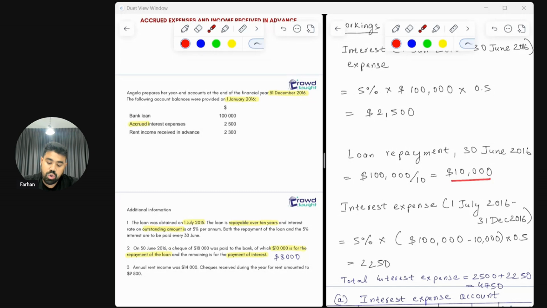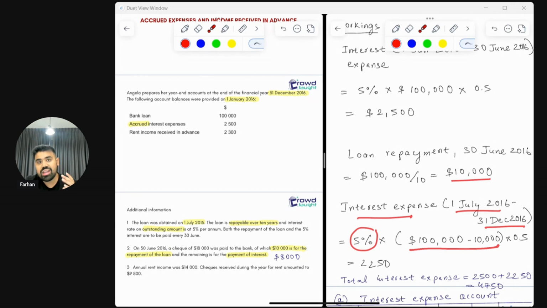Now we want to find out the interest expense for the remaining 6 months in the year, which starts on 1 July 2016 and ends on 31 December 2016. And how do we find it? We use the annual rate of 5%, multiply it with the remaining loan amount. It's not $100,000 like the first 6 months. It's now $90,000, because we had just made a repayment on 30 June of $10,000.